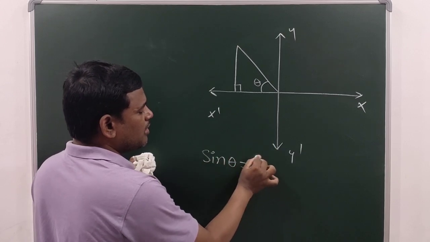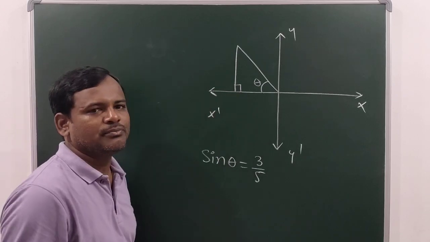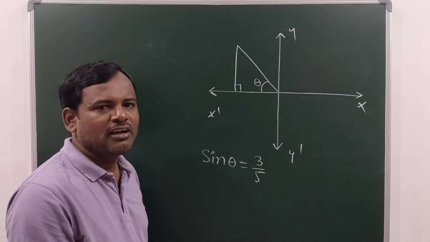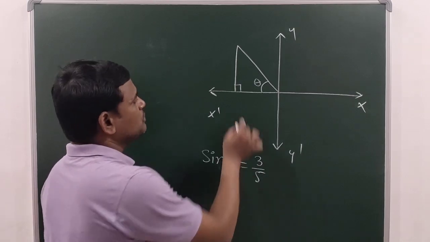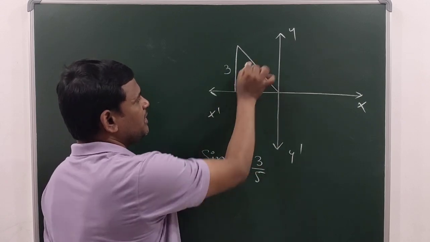Okay, find all other ratios if an angle theta belongs to quadrant 2. Here sin theta is 3 by 5 given, and it is asking us to find all the remaining ratios. So what do we do? See, represent this information on this right angle triangle: 3, 5.